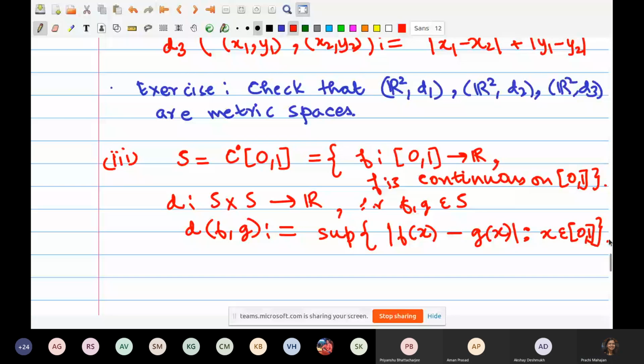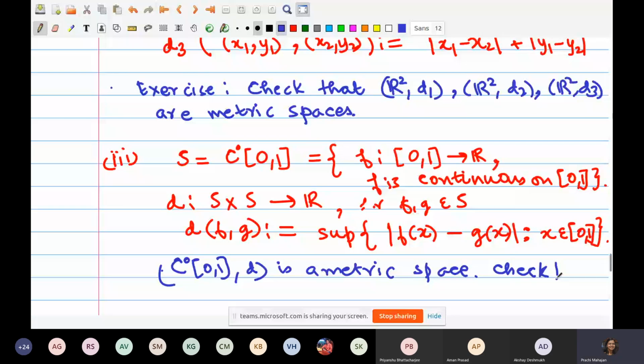Again, something for you to check, that C[0,1] with d is indeed a metric space. Check.